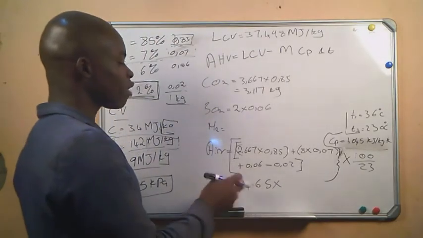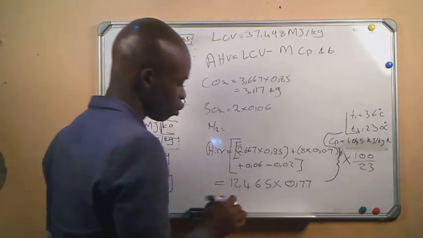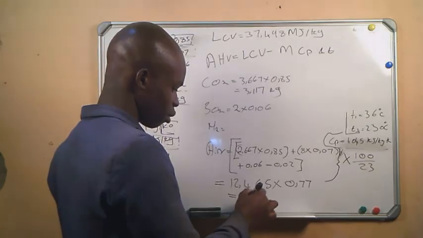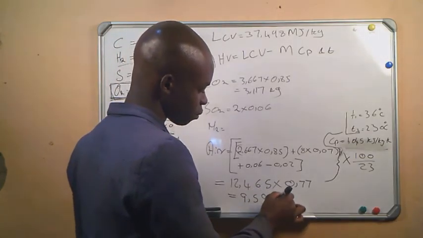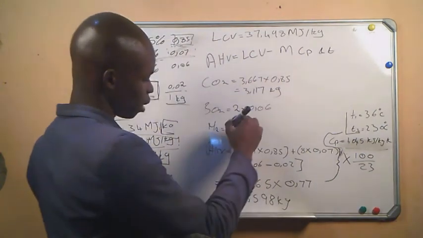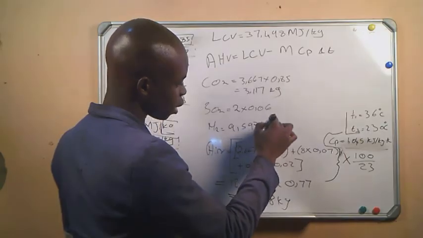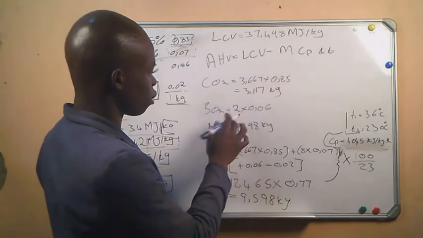So to get the amount of nitrogen from this air, we will say times 0.77, which will give us the total amount of nitrogen as 9.598 kg. And then we will come and add it here, 9.598 kg.